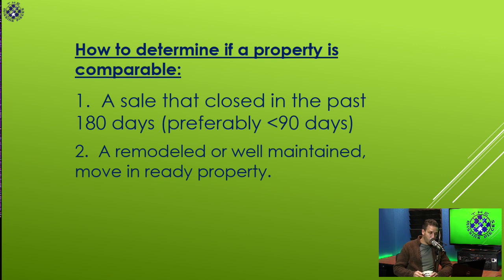And number 2, a remodeled or well-maintained move-in ready property. Your flip property is going to be fixed up. It's going to be looking nice. If I'm looking at my comparable sales, I'm looking for other ones that have similar appeal, similar features as mine. Not everything is going to be the same, but you want to find an apple to your apple. Sometimes your apple might be a Macintosh and the other one's a Granny Smith.